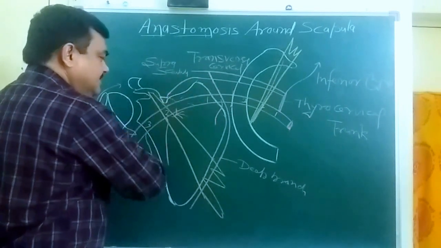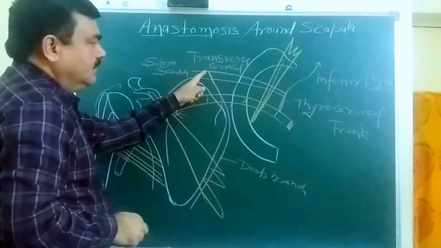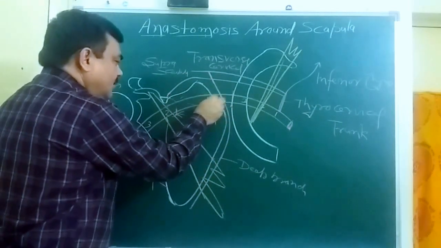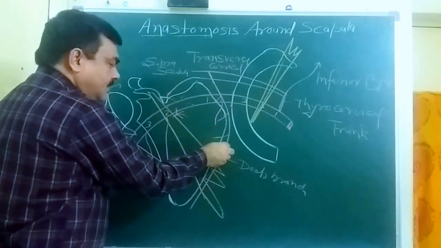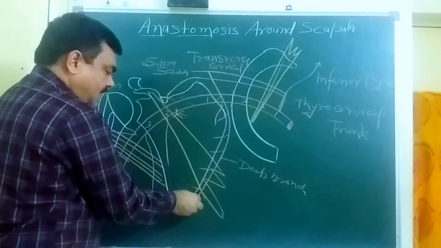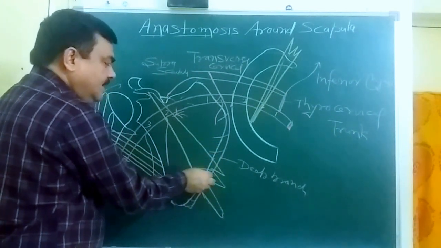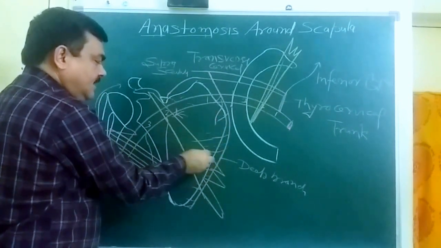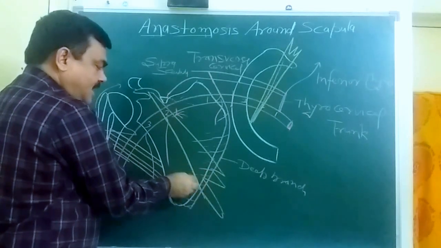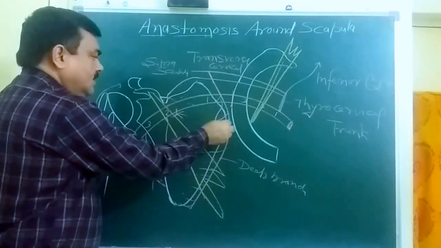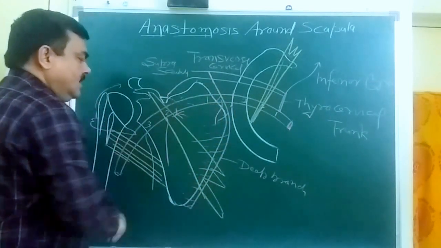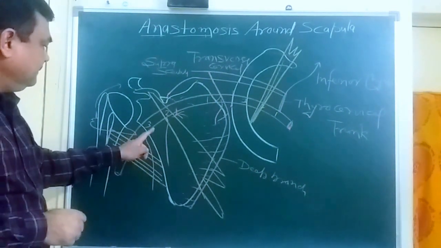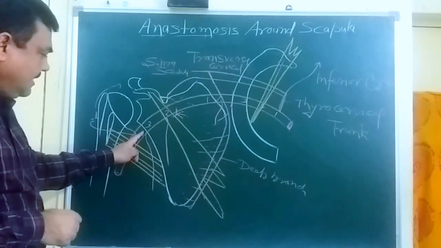It gives numerous branches. Here is the deep branch of the transverse cervical. It gives numerous branches on the anterior aspect as well as on the posterior aspect of the scapula. This is the anterior aspect. The posterior aspect I am showing in the form of dots. And another artery, here is the subscapular artery.